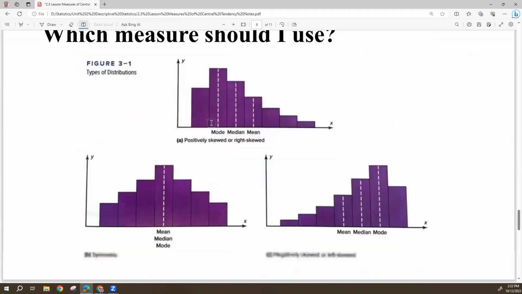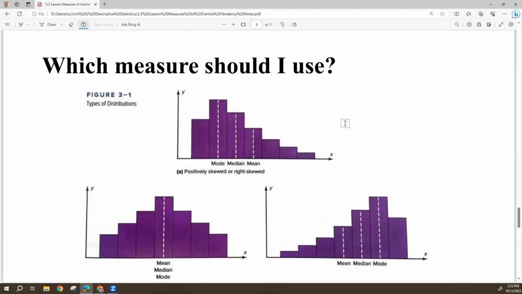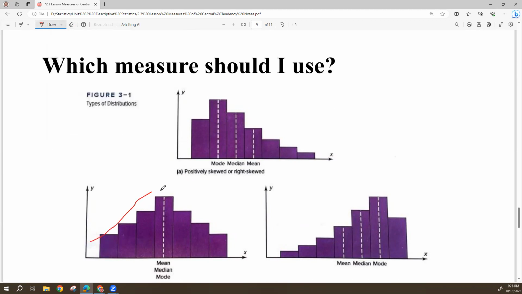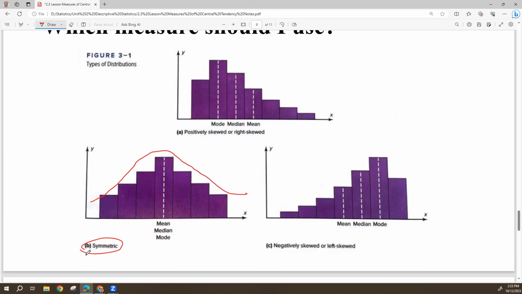So from a picture standpoint, if we were to actually make histograms of data sets, if they looked similar to these, a few different shapes show up. This one right here, I'd like to draw a little curve over it. This is a symmetric shape.